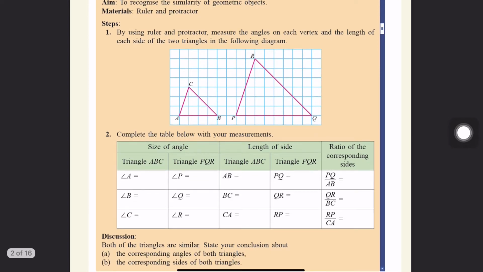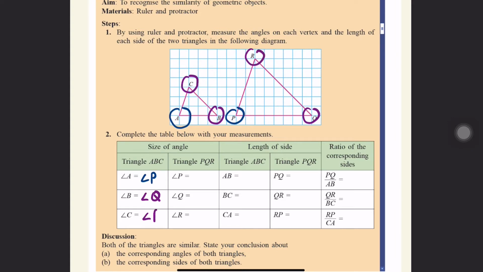When you measure angle A, it is actually the same as angle P, so you can put angle P. Angle B is the same as angle Q, and angle C is the same as angle R. So angle P is the same as angle A, angle Q is the same as angle B, and angle R is the same as angle C.